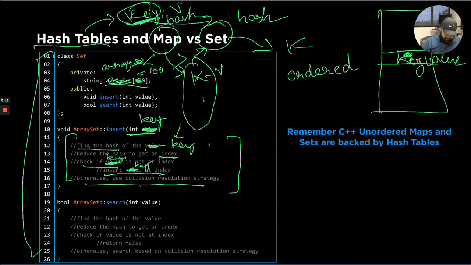In that case you push the value based on your collision resolution strategy. You might also have more variables like the number of buckets and the number of elements, and whenever you insert a value you change the number of elements by 1.